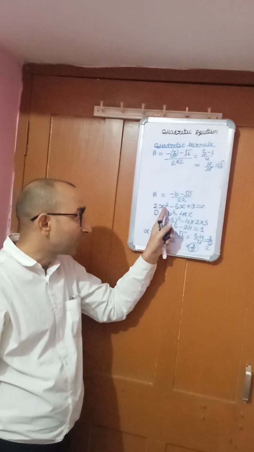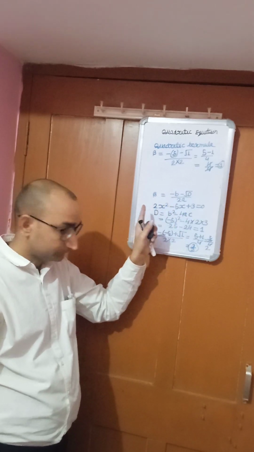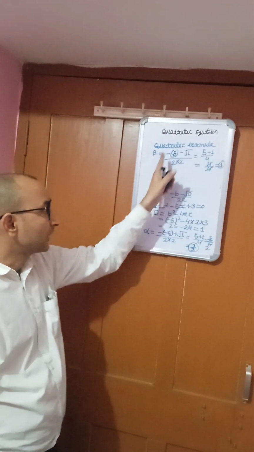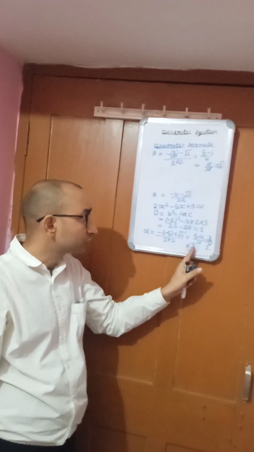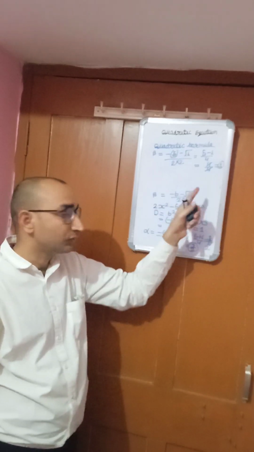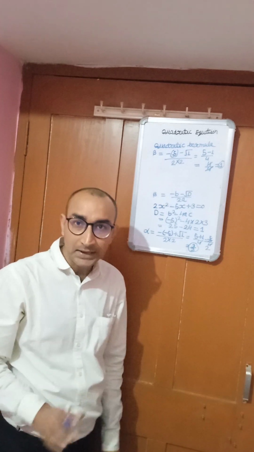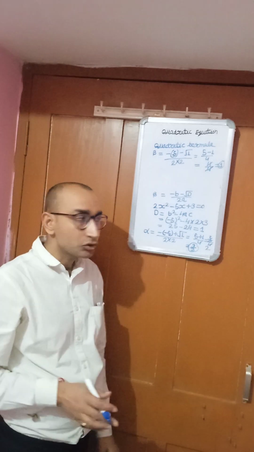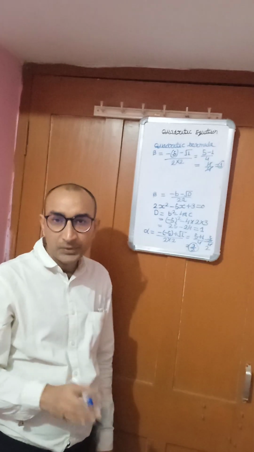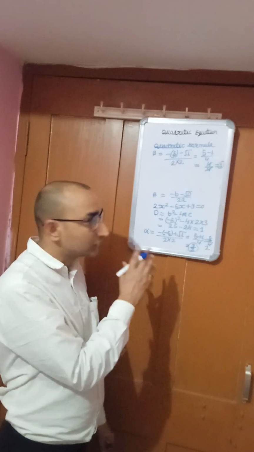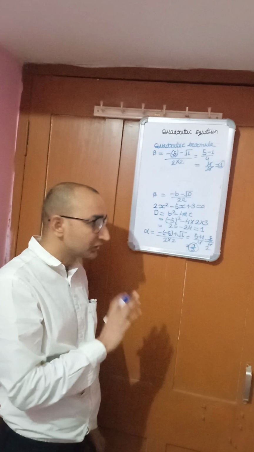And when we find this question by the quadratic formula method, then also its solutions are 3 by 2 and 1. So this gives the idea that we can solve the given question whether by the quadratic formula method or by the factorization method.